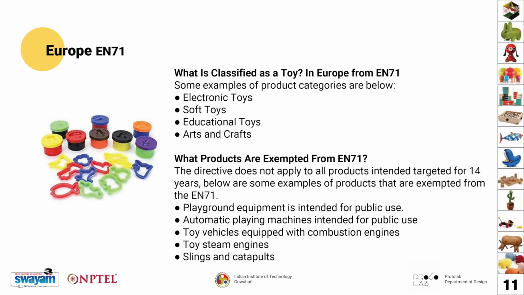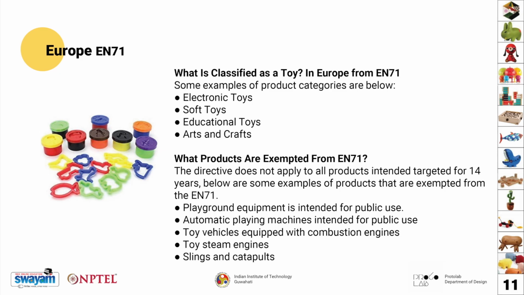Playground equipment intended for public use. 2. Automatic playing machines intended for public use. 3. Toy vehicles equipped with combustion engines. 4. Toy steam engines, and 5. Slings and catapults.